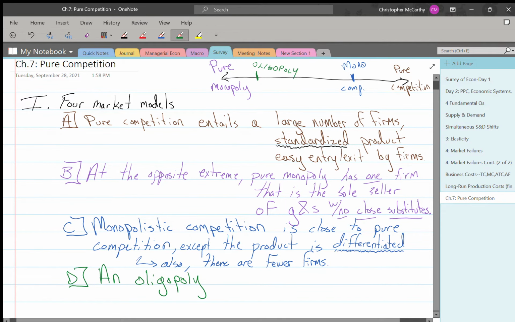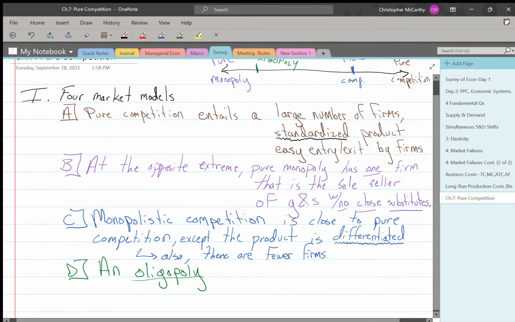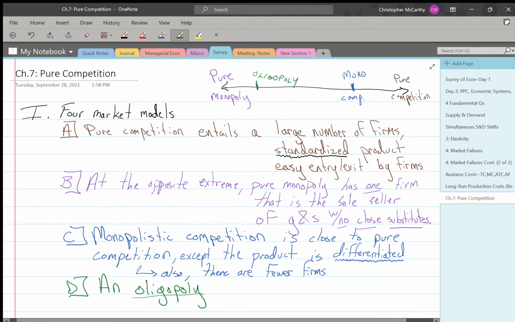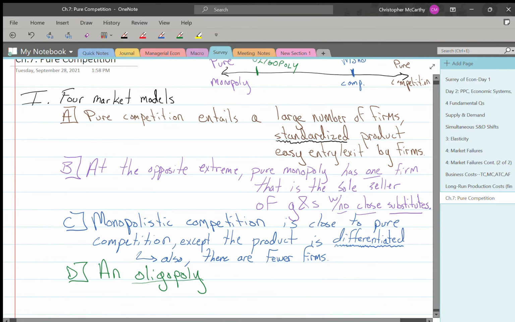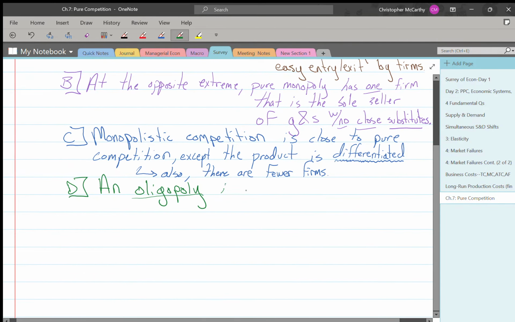Oligopoly. Kind of spelled like monopoly, oligopoly. I'll scroll up for the people in the back. Just want to make sure that you get this. So an oligopoly is an industry or market in which few firms exist.